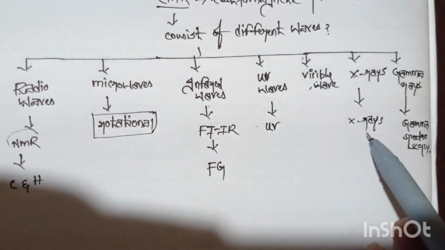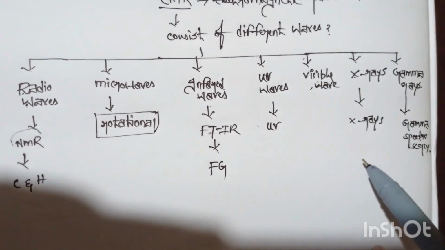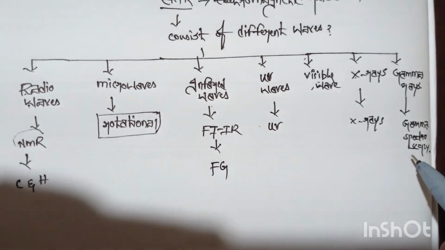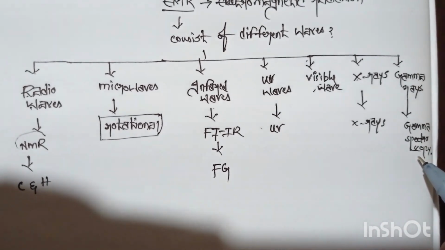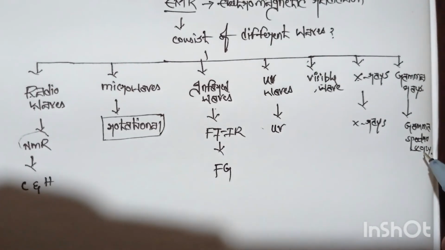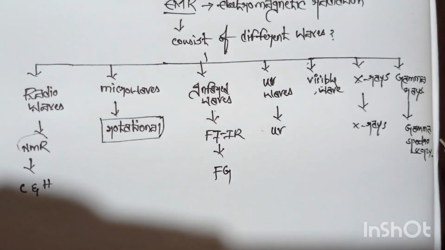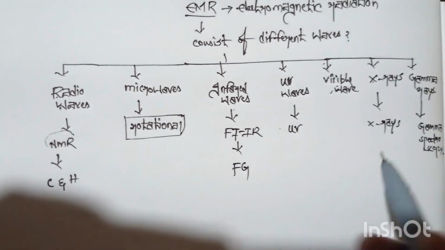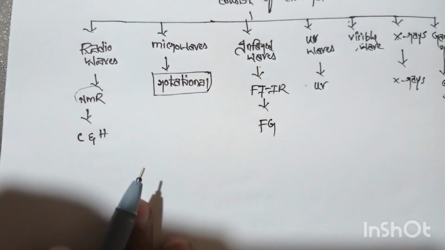In X-ray diffraction, a compound's crystallographic nature can be identified. Gamma spectroscopy is a kind of spectroscopy which has more applications in the medicinal field also.